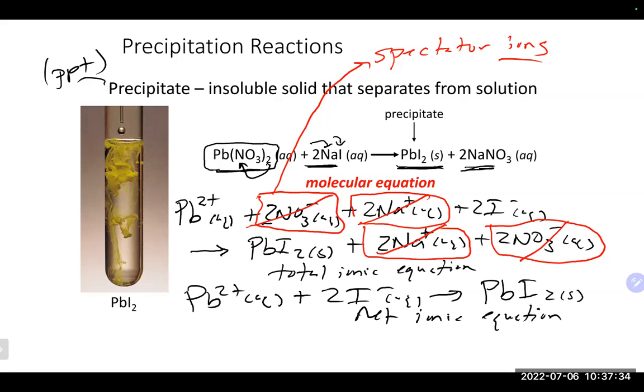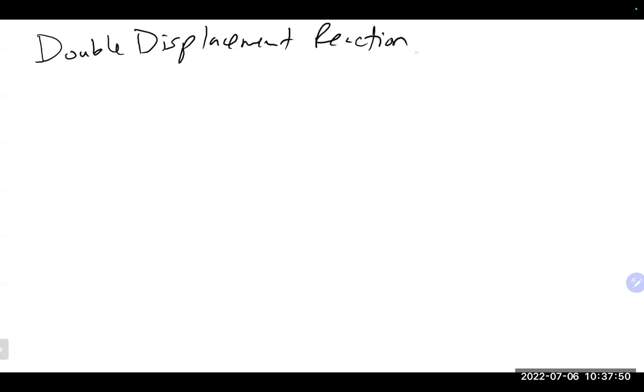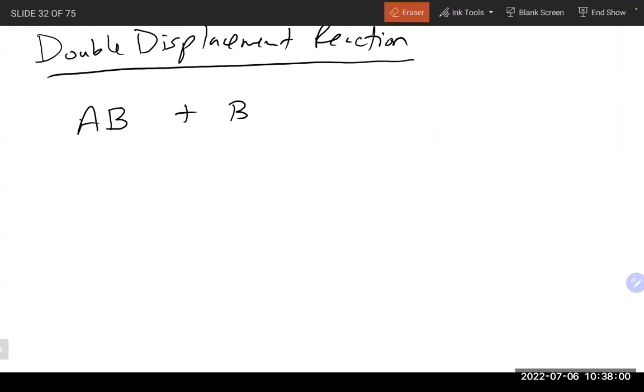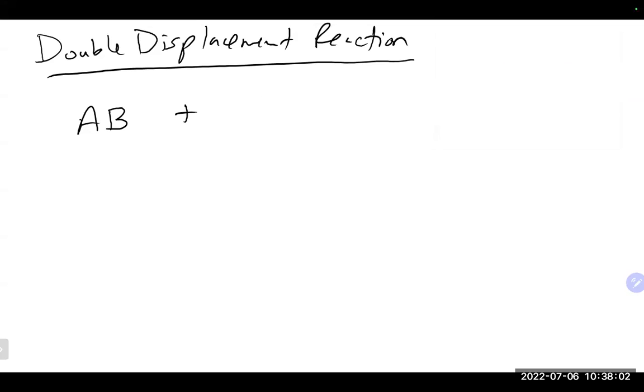Now, this type of reaction is known as a double displacement reaction. A double displacement reaction has a general form of AB plus CD. I'll learn the alphabet one of these days.